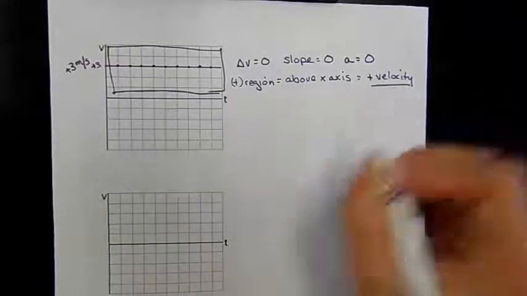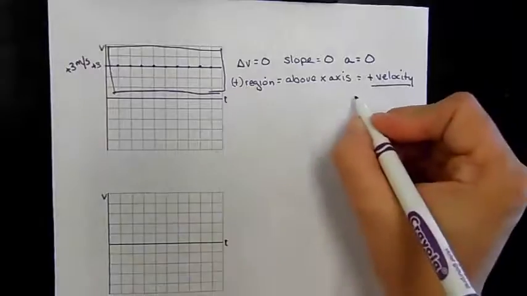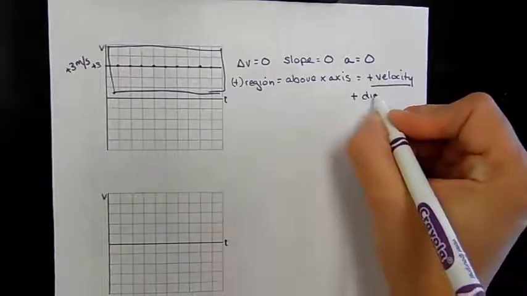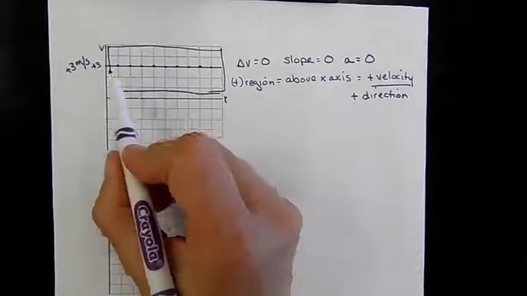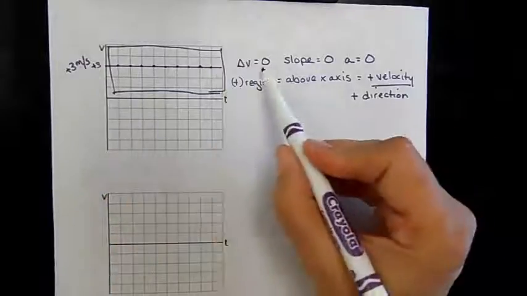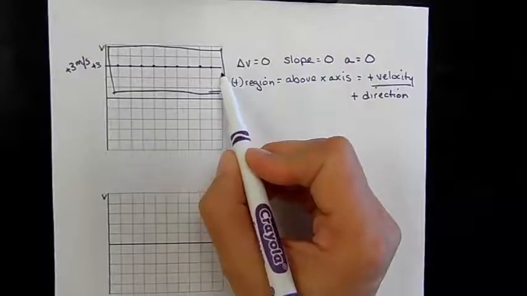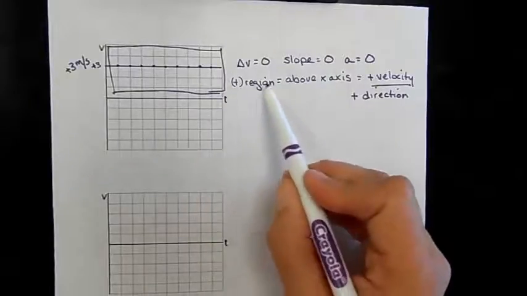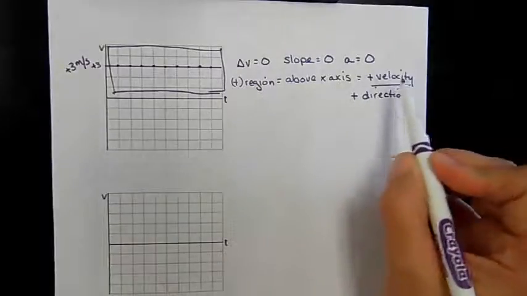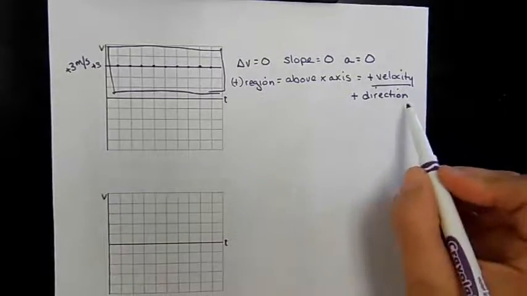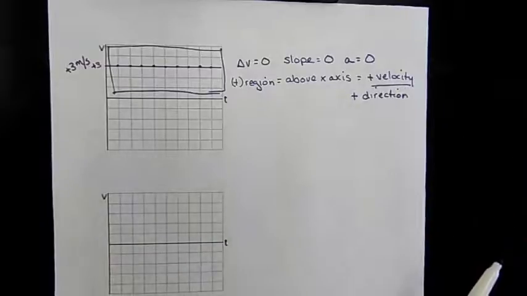Now, positive velocity means that we are moving in a positive direction. So this line right here, even though we don't have any change in velocity, it's in the positive region of our graph because it's above the x-axis. That means it has a positive velocity, which means we are moving in the positive direction.